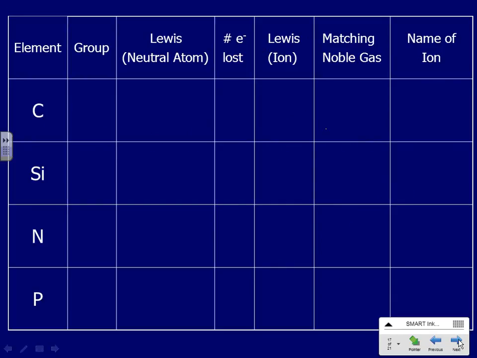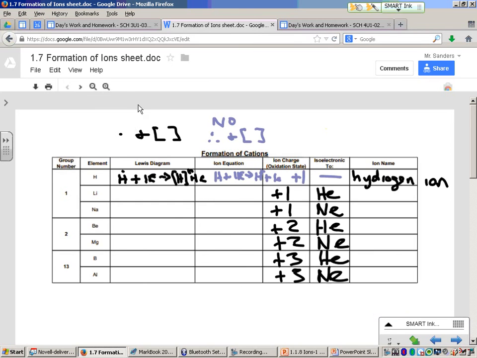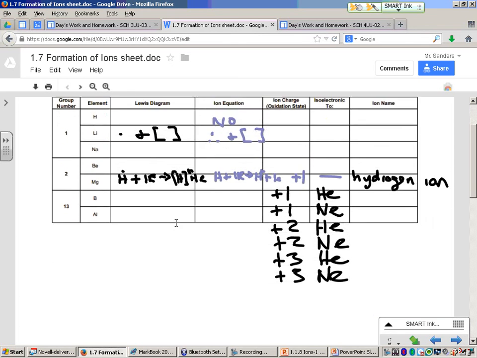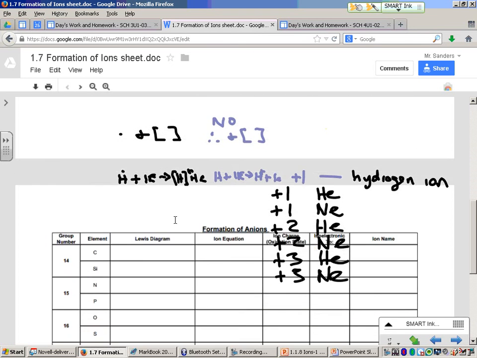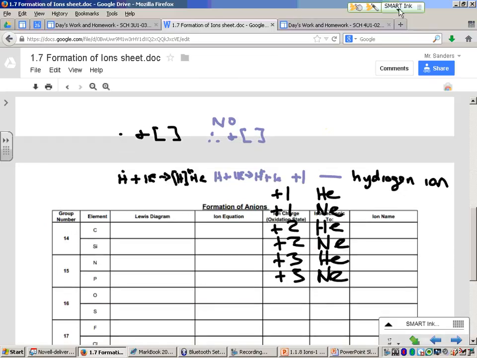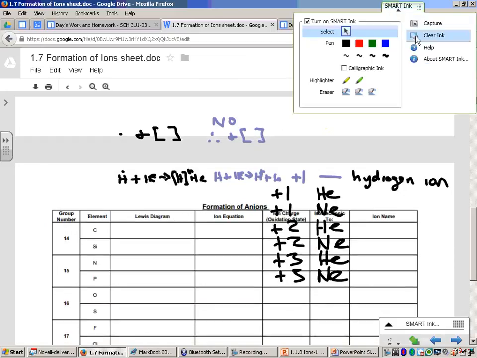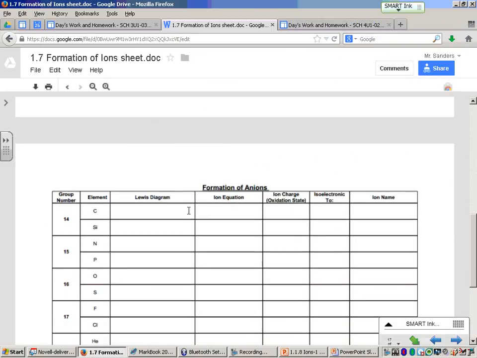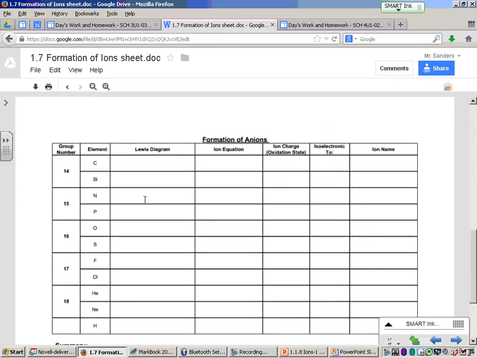Don't mind that picture because we've already concluded that it is not the same as what's online. What I need you to do here, and notice how the writing doesn't move, it's kind of a pain, so I'm going to clear the writing here. In this one, same type of thing, except this time we're starting at group 14. If you wanted, you could start with group 17 and add 1, add 2, add 3, add 4.